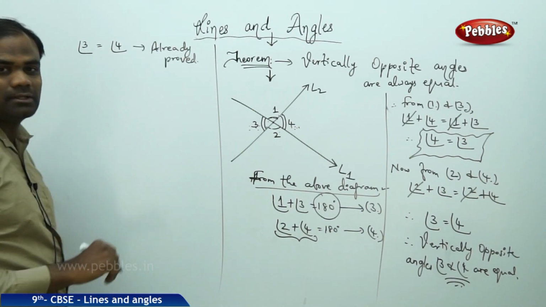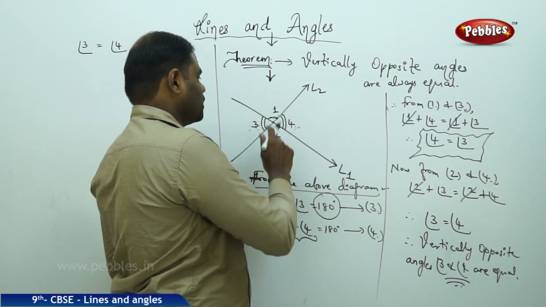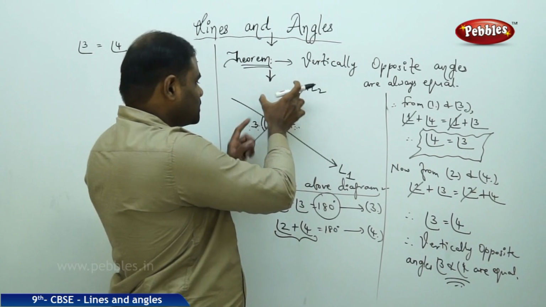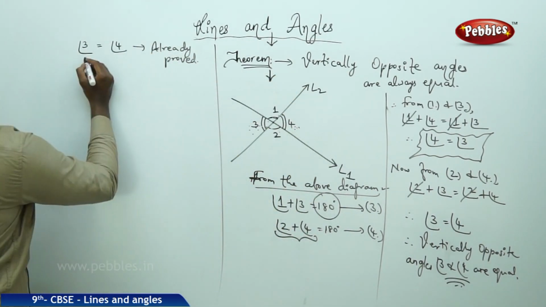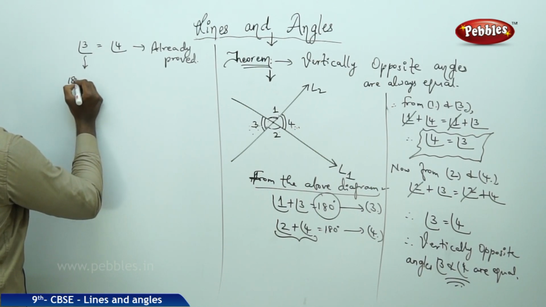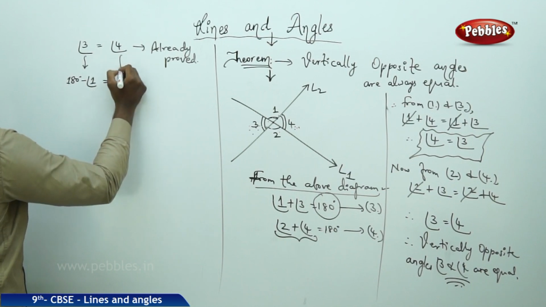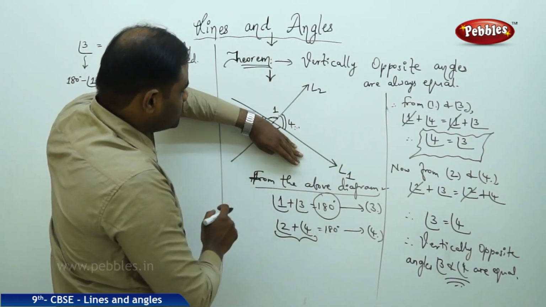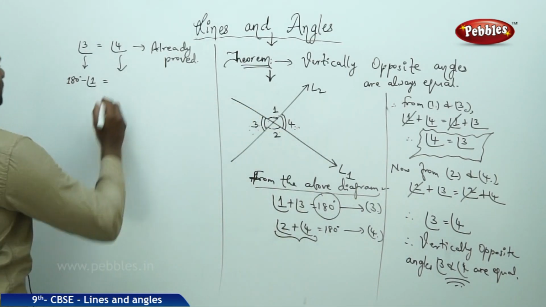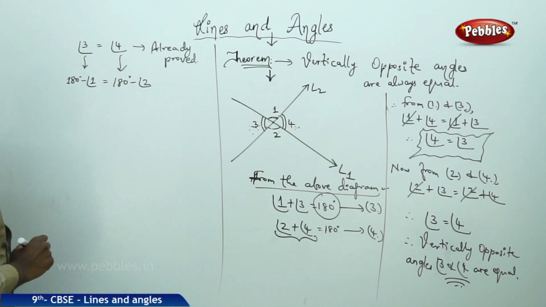Now using this, angle 3 can be written as 180 minus angle 1, because the whole of 180 degrees minus angle 1 gives me angle 3. Similarly, angle 4 can be written as 180 minus angle 2.